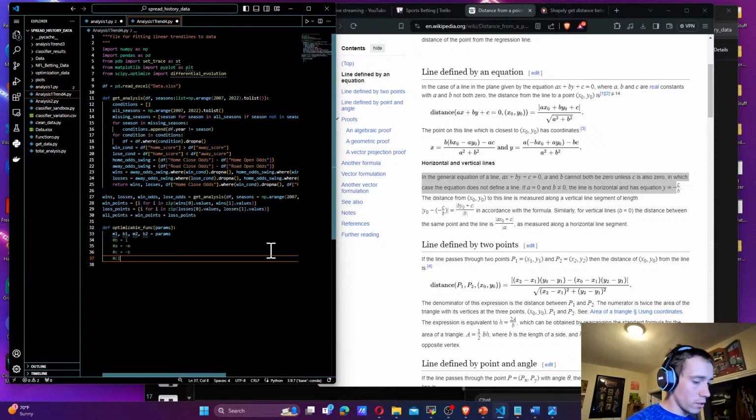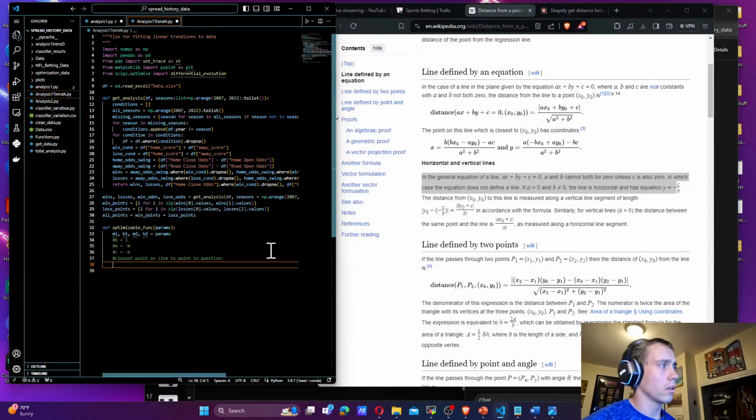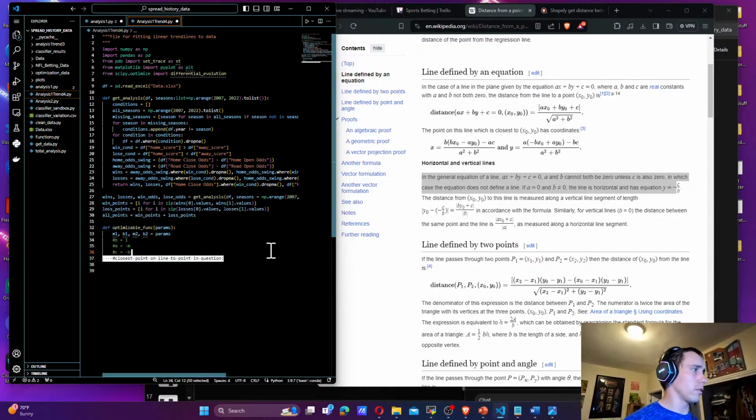So now, to get the closest point on the line to the point in question, you know what, let's just put all this in its own function.